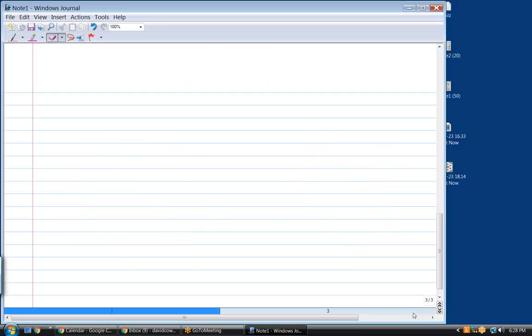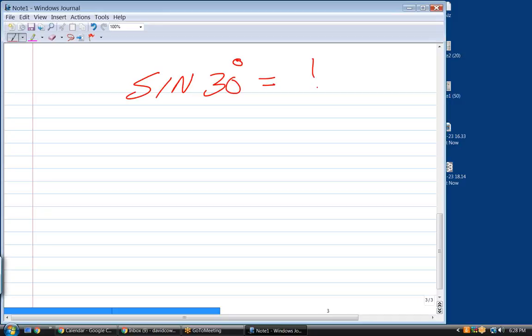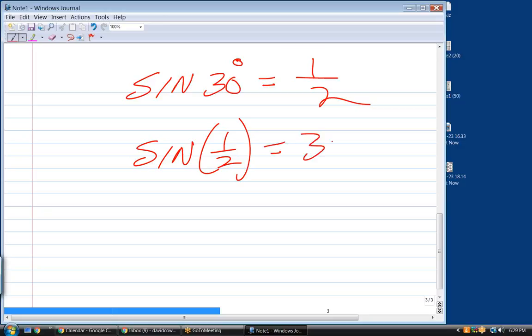Okay, let's talk about inverse, because that's another really key part of trig. We take trig functions of angles to get ratios. We take inverse trig functions of ratios to get angles. And the inverse is designated by either a -1 or arc.